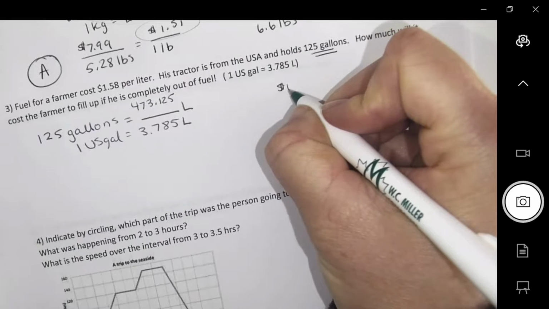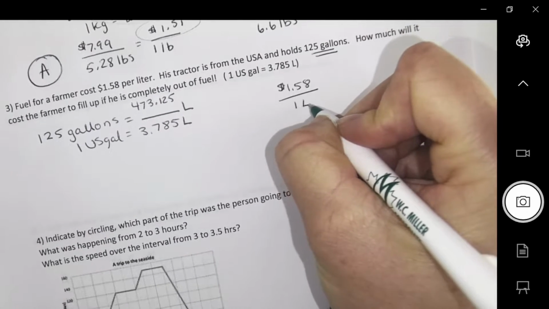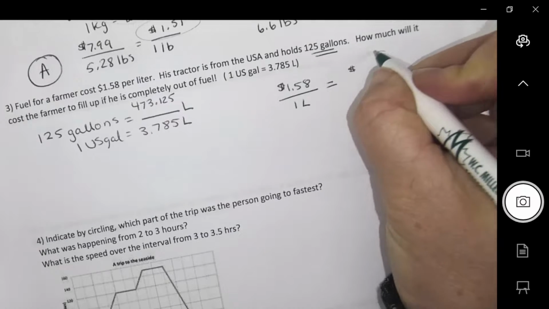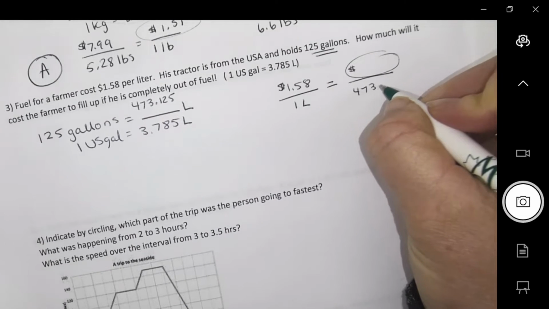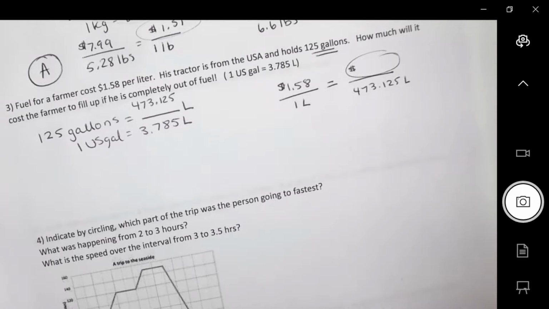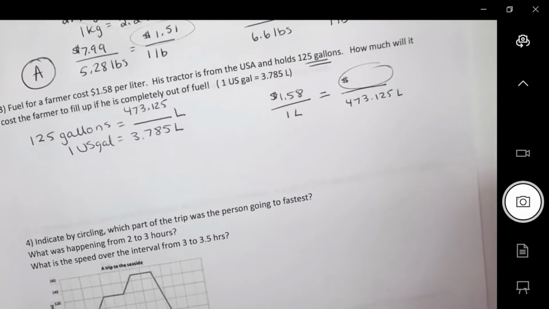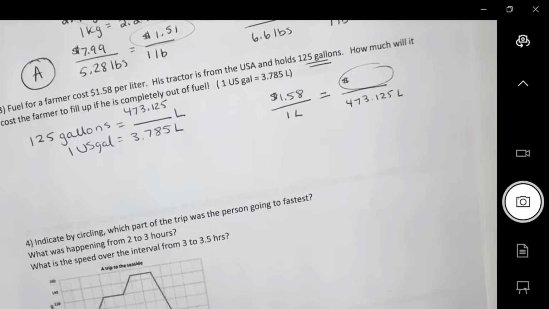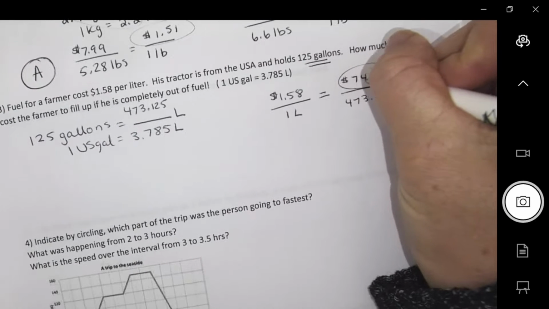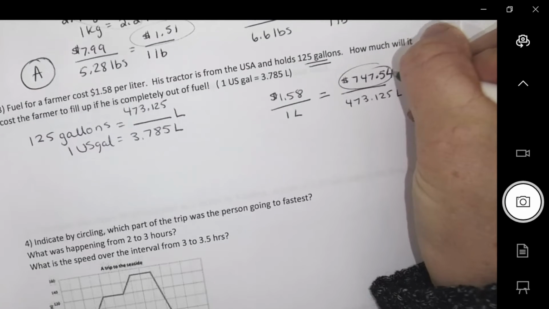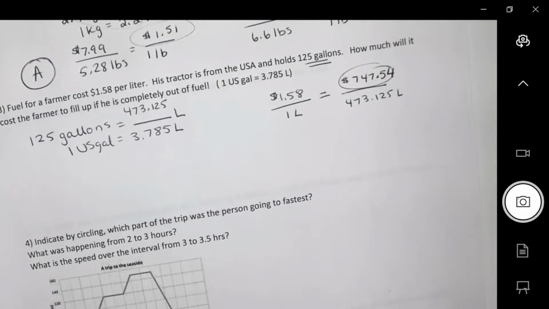Okay, so $1.58 is for 1 liter. How much money for the 473 liters? Okay, so I wanted to see how big the tank was in liters, not gallons, and then the money. So it's almost going to be $750 to fill up that tank.